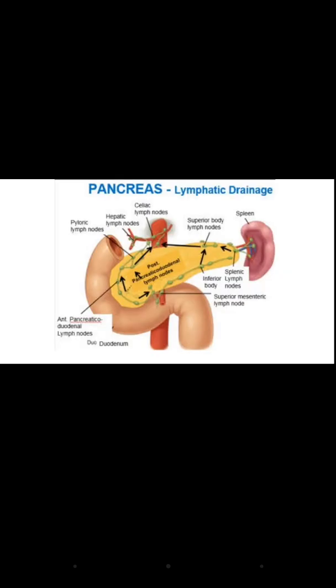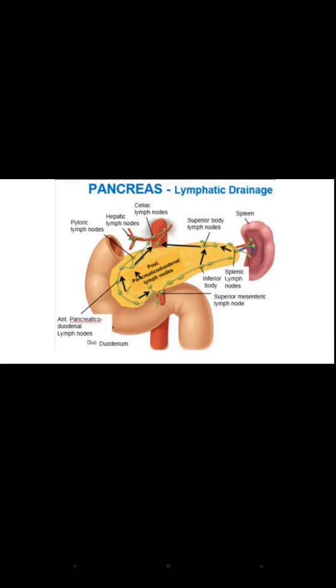Next, what is the lymphatic drainage of the pancreas? So the pancreas has various lymph nodes: anterior pancreaticoduodenal lymph nodes, posterior pancreaticoduodenal lymph nodes, then superior mesenteric lymph nodes, then splenic lymph nodes.